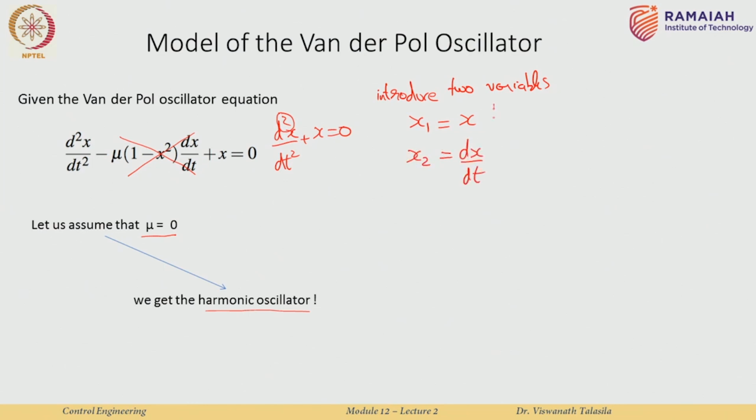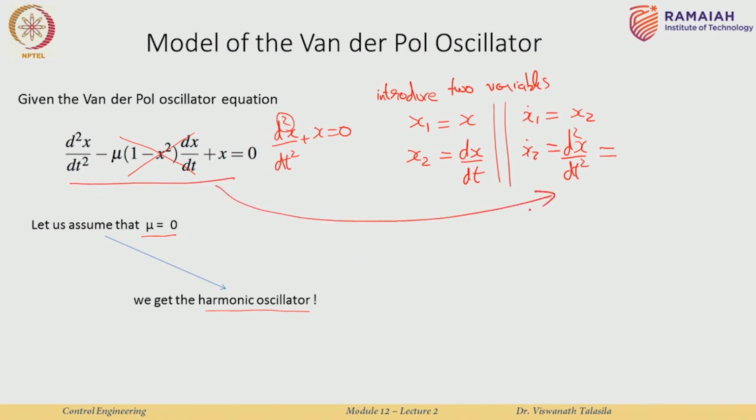So, as we did before, we see that x1 dot is nothing but x2, and x2 dot is nothing but d square x by dt square, which by looking at this expression we can write as minus x.